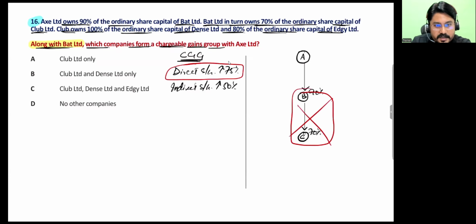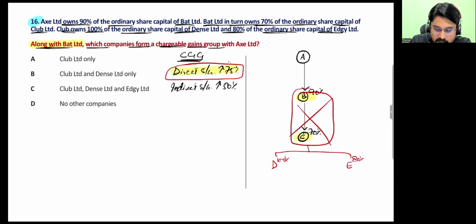If the direct shareholding condition is not met, then we will not further move on to check what the shareholding is in company D and company E. Even if it's more than 75, still it will not work for us. How? Because the relation of B and C is not meeting this condition.